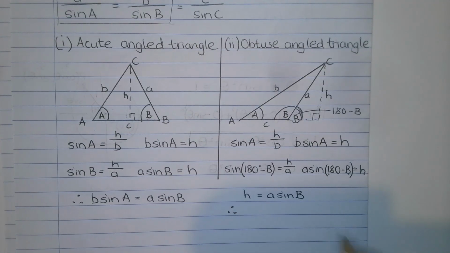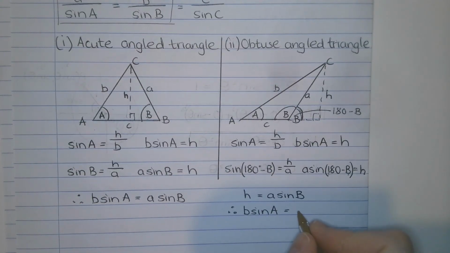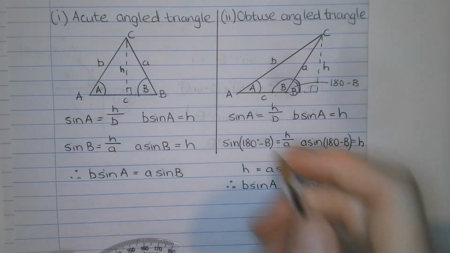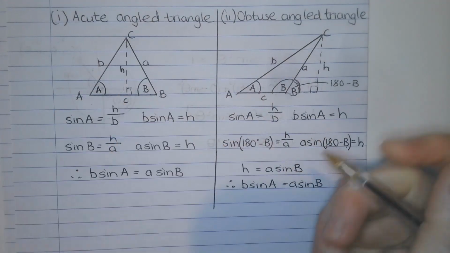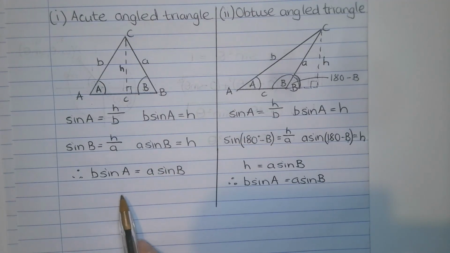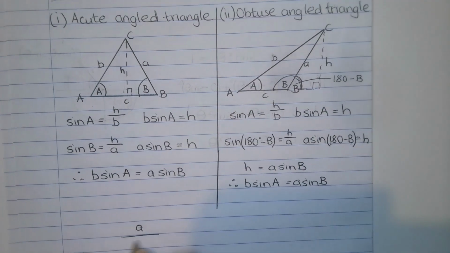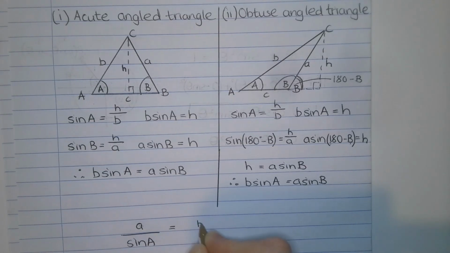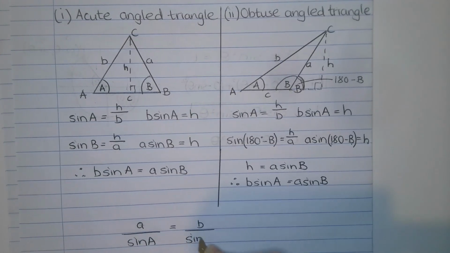So therefore, like in our other situation, b sine A is equal to a sine B, as our two h's are equal to each other. So in both cases, if we divide by sine A sine B, we will end up with a over sine A equals b over sine B.